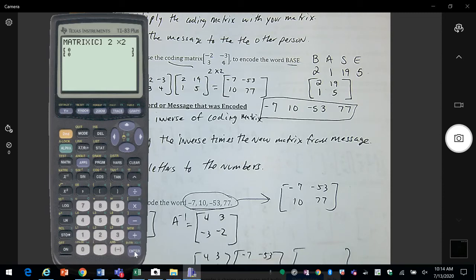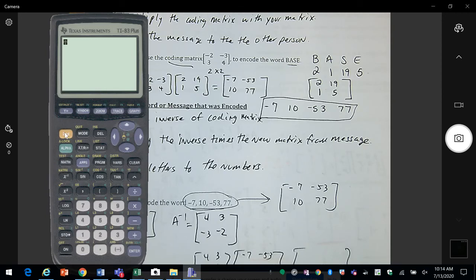And the numbers would be -7, -53, 10, and 77. Second quit.